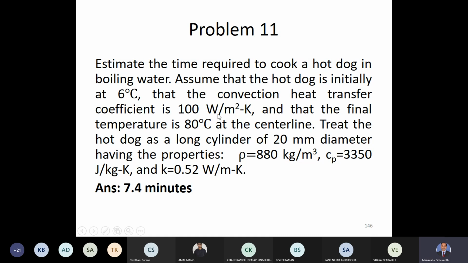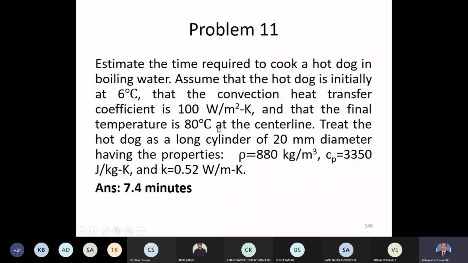But we are talking about one time instance where the center temperature is 80 degrees Celsius. My question is, if it is 80 degrees Celsius at the center, what will be the surface temperature? Greater than 80. That's the most sensible answer. If the hot dog were a lumped system, it would be equal to 80. So that's the difference between a lumped system and a distributed system.